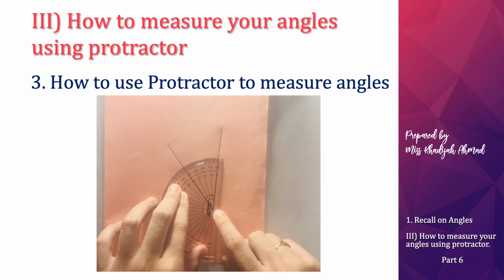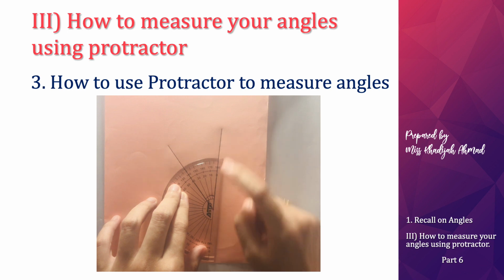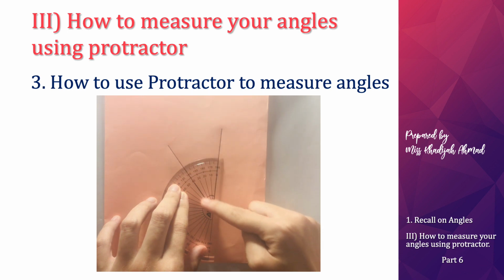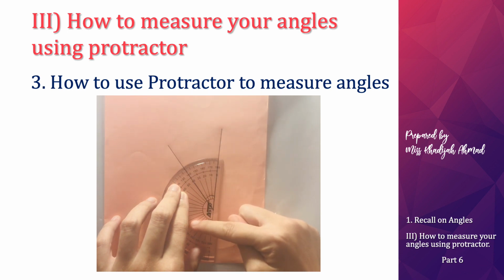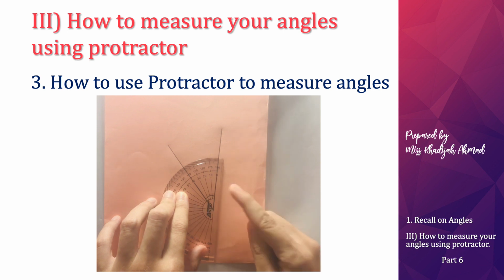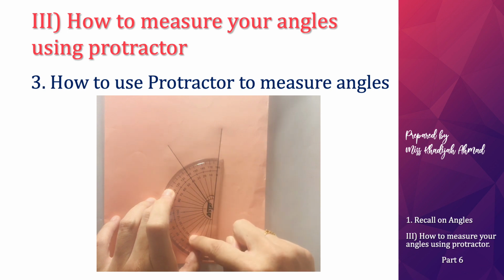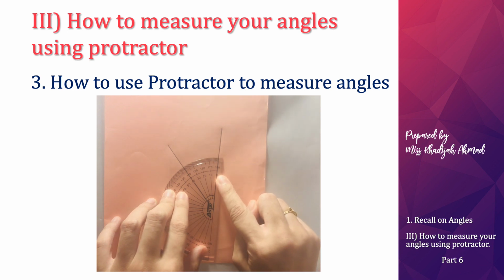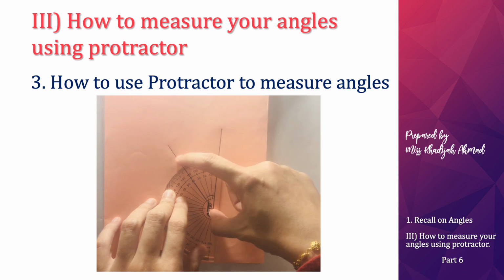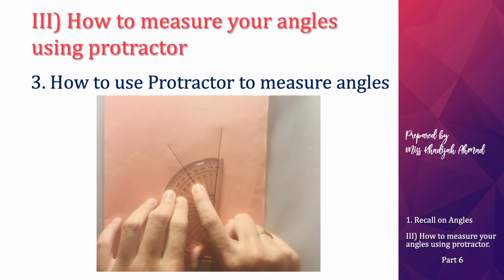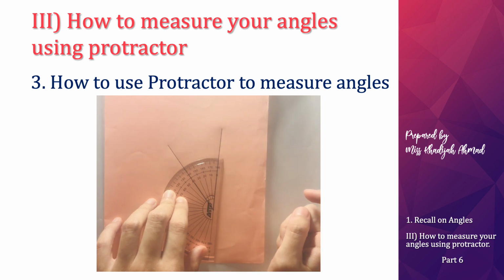Okay, so your center is still on your vertex, the side here is on the line mark 0, and the other side here is still within your protractor. Here I'm using inner scale to measure my angle. So you start from 0, and this side is 0, so we want to know the measurement of this angle, and it stops at 40 degree. So our angle measures 40 degree.